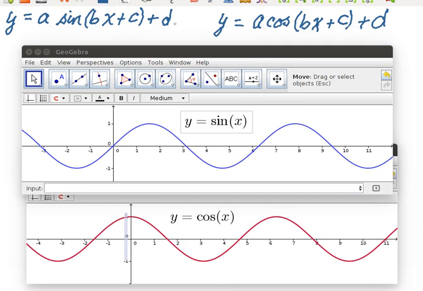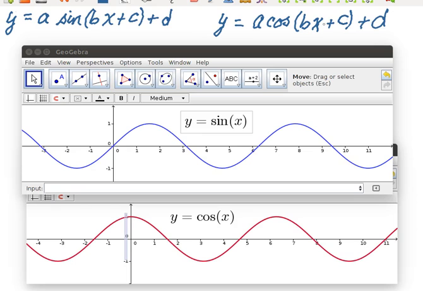So, of course, both of these are special cases of sinusoidal functions. Notice that the a value in this one is 1, b is 1, c is 0, and d is 0. Then this actually is of this first form.